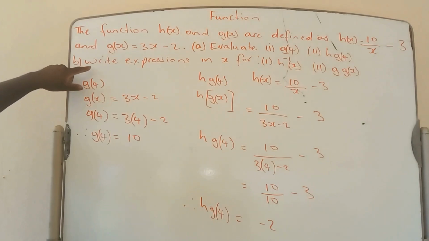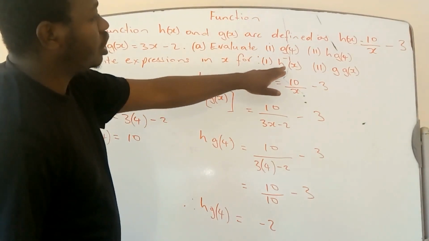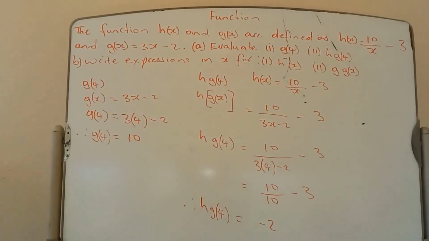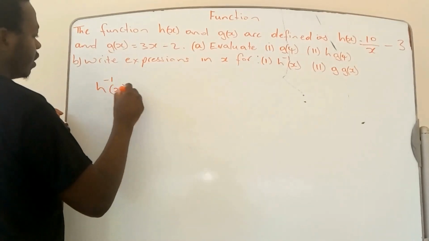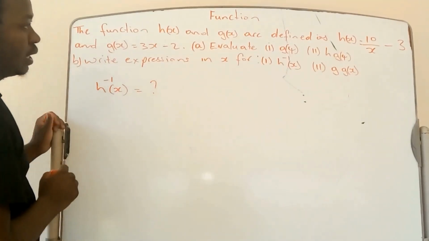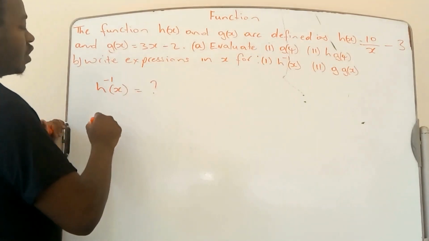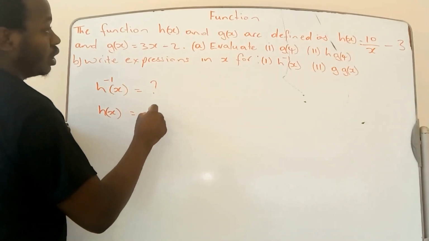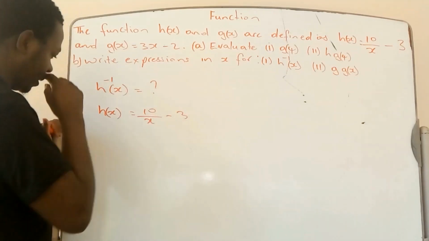Now to part B: write an expression in terms of x for h inverse of x. That's what we want. Now you need to write the function h of x first. So we know that h of x is equal to 10 over x minus 3.